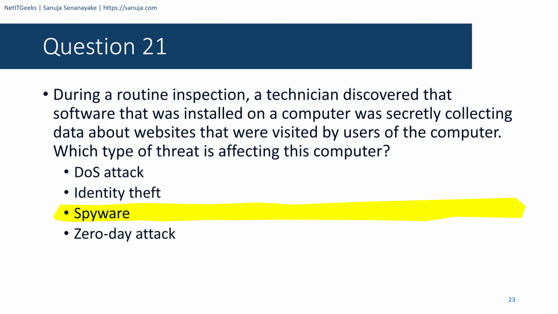Identity theft could be, but the information provided here doesn't mention secretly collecting specific identity data, just data about websites they are visiting. And a zero-day attack is software that sits on the device, server, or computer for a long time, then suddenly decides to attack at a certain time. So the answer here is spyware.